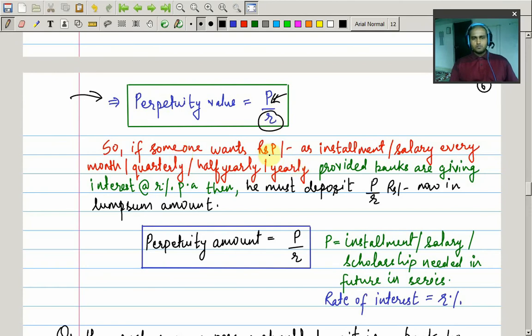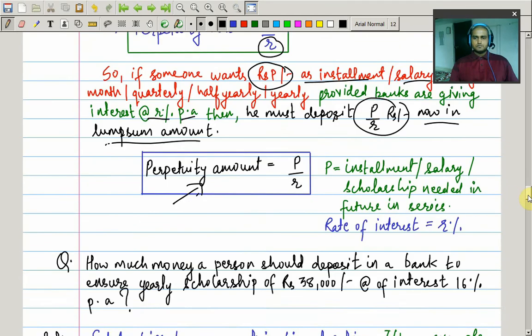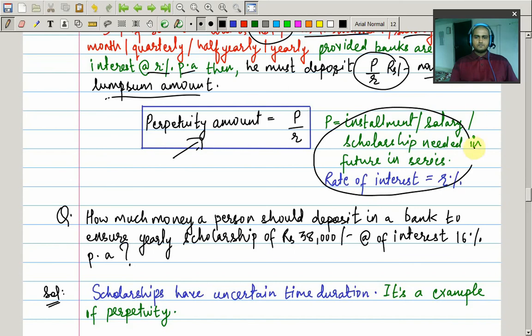So if someone wants rupees P as installment or salary every month, quarterly, half yearly, provided banks are giving interest at r% per annum, then he must deposit this much money now in lump sum amount. So perpetuity amount is P upon r. So here's the detail for P and r.